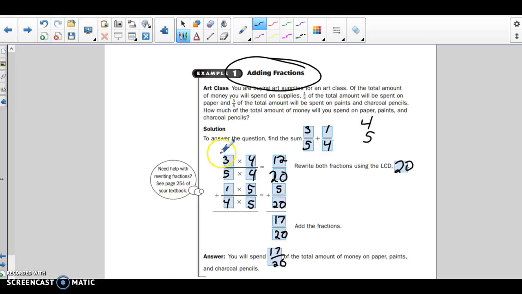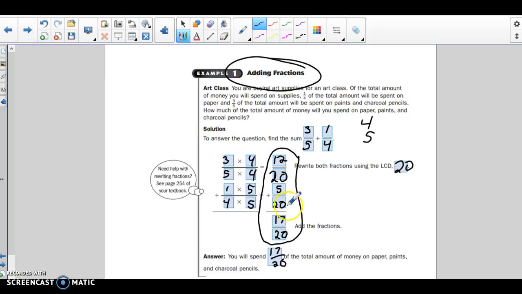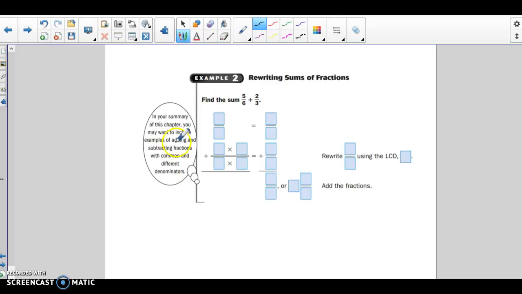It does when you rewrite it, but when you add, I'll go back to our notes. When you're done, we add or subtract the numerators. We don't do anything with the denominators. That stays the same. We'll model that later. But right now, we're just adding how many pieces there are. There's 12 pieces out of 20, 5 pieces out of 20. How many is that altogether? 17.